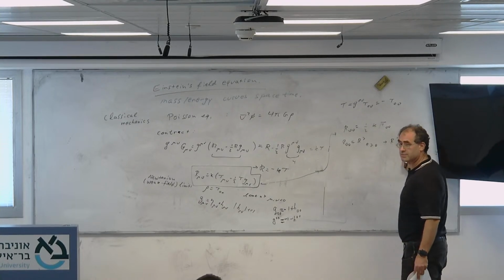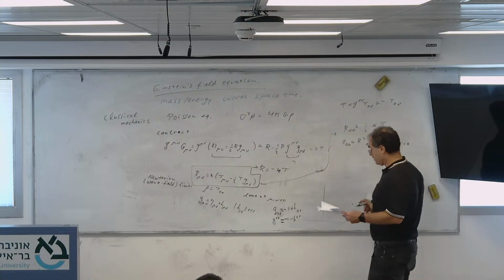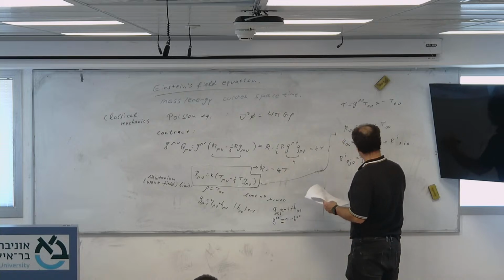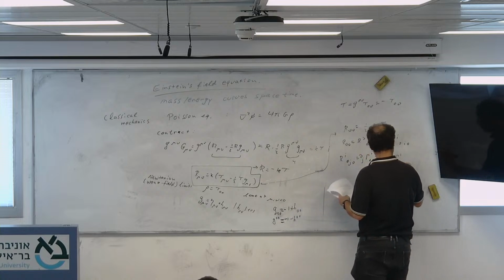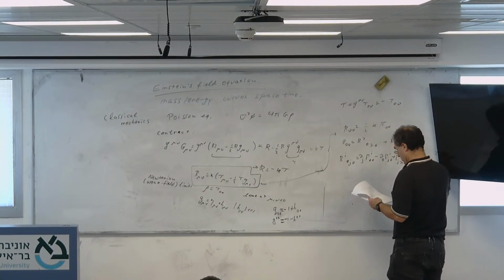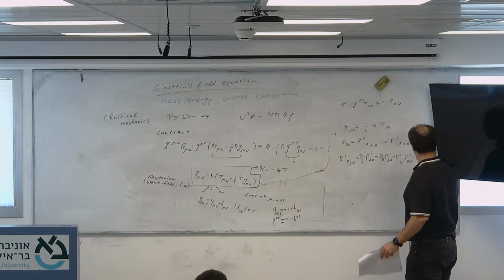Remember, Latin indices just go from 1 to 3. We have R i0 j0 is d_j gamma i00 minus d_0 gamma i j0 plus gamma i j lambda gamma lambda 00 minus gamma i 0 lambda gamma lambda j0.